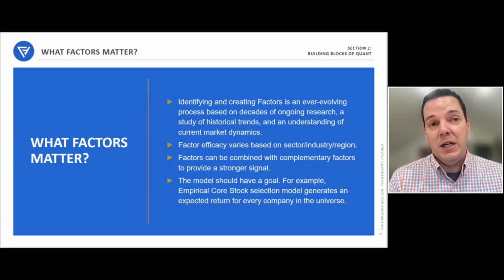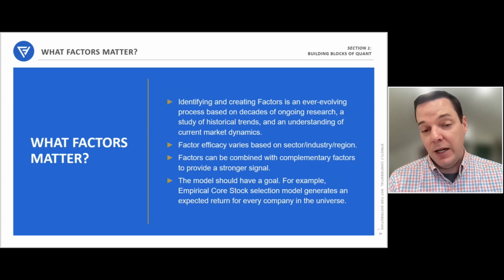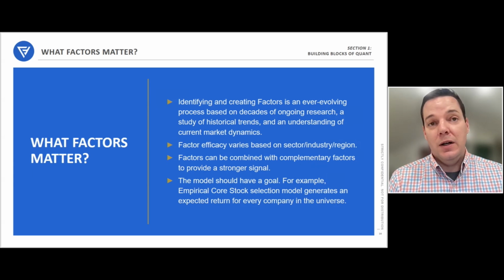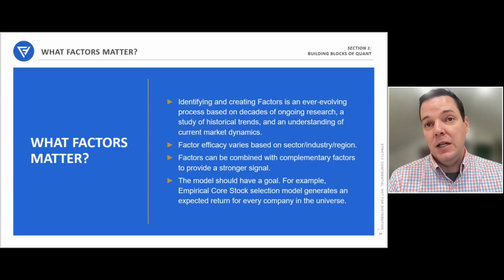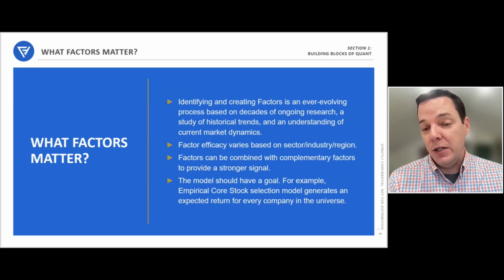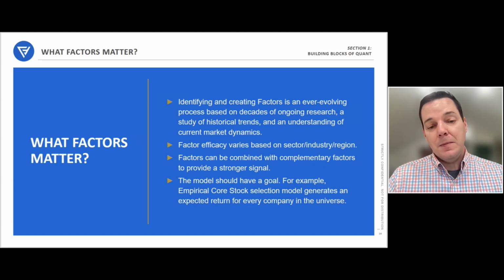There needs to be some way of translating the expected return, in our case, into a signal that portfolio managers or the investors can ultimately carve through to get a sense of which stocks are most attractive or least attractive within their particular buying universe.